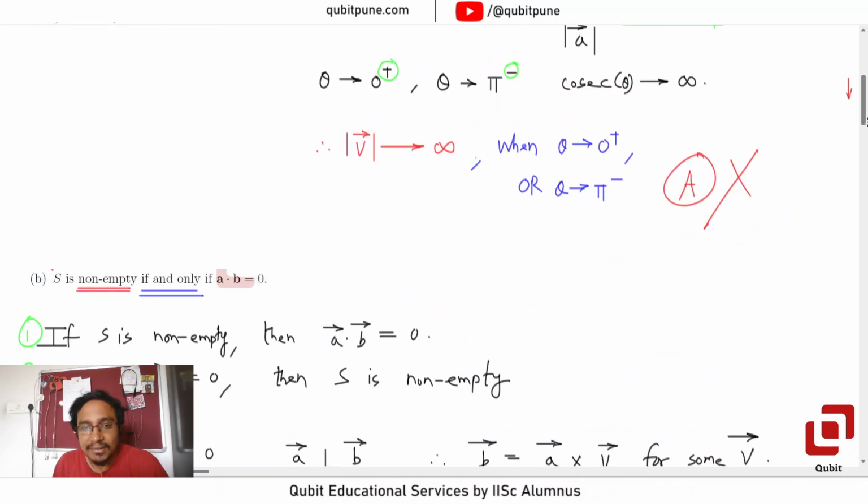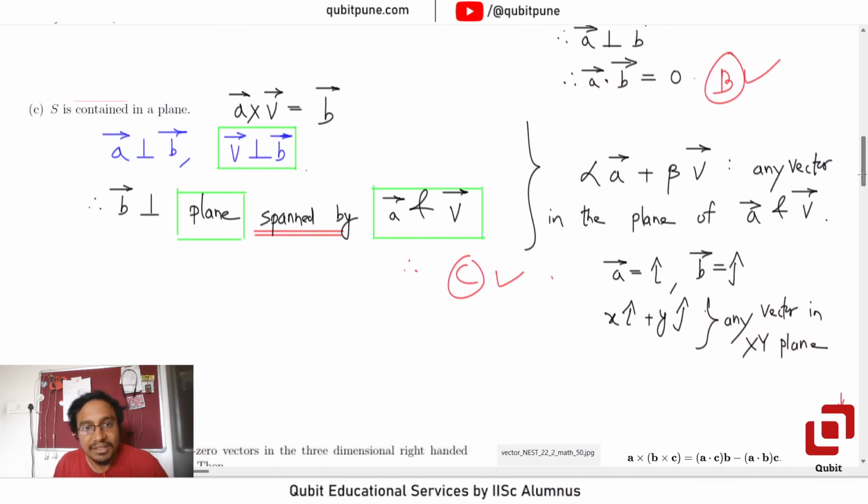Okay, S is contained in a plane. Now if you are still not convinced how it can be in a plane, since it can also have other possibilities, let us think about it in this way.